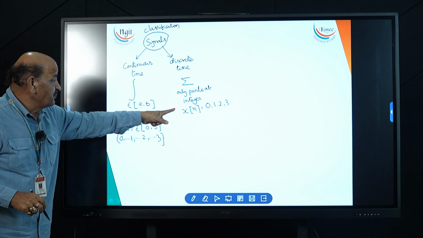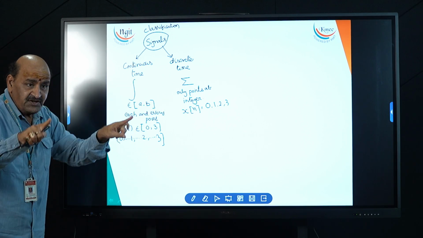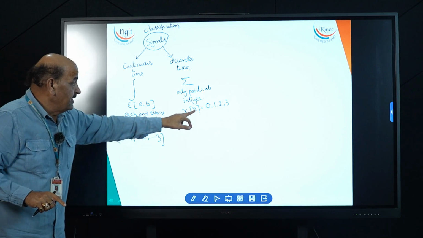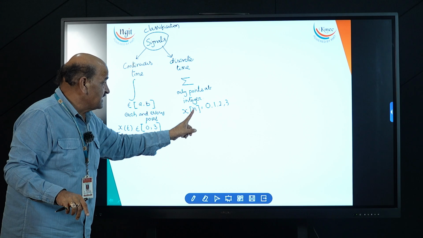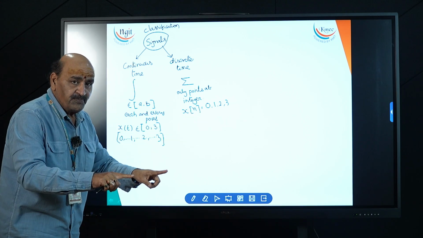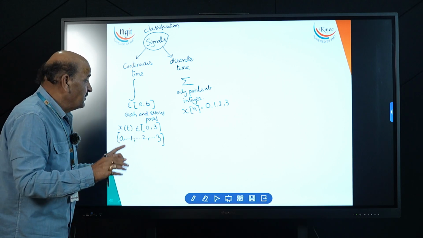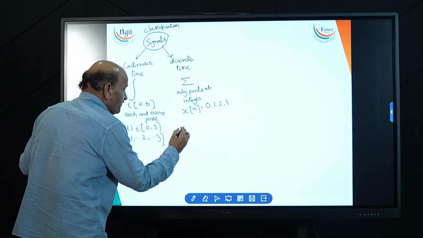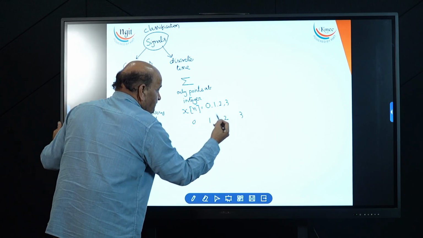Here we use the closed interval, the mathematical interval. Here we should not use an interval, because it represents that the value n is only at 0, only at 1, only at 2, only at 3.